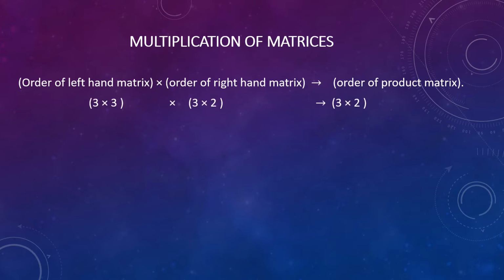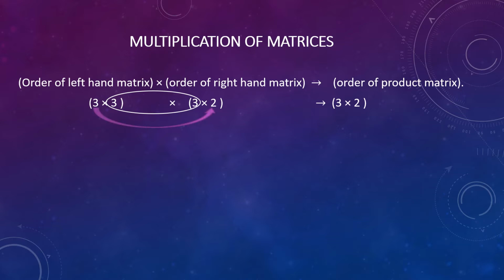If the left hand matrix order is 3 cross 3 and the right hand matrix is 3 cross 2, then the product of the matrix is 3 cross 2. See, here the first matrix column number and the second matrix row number must be equal.